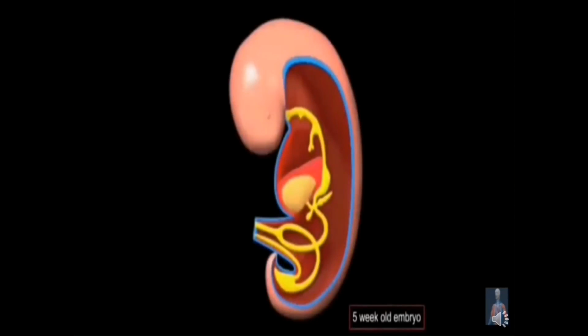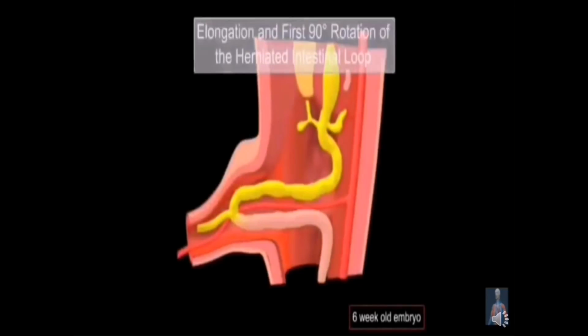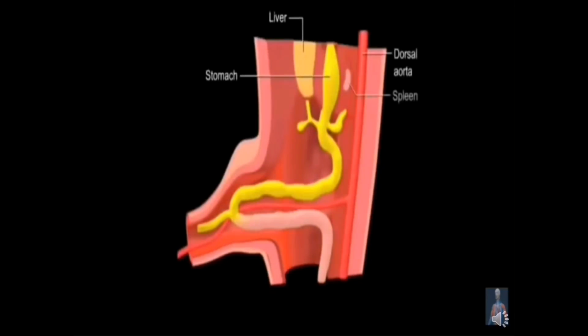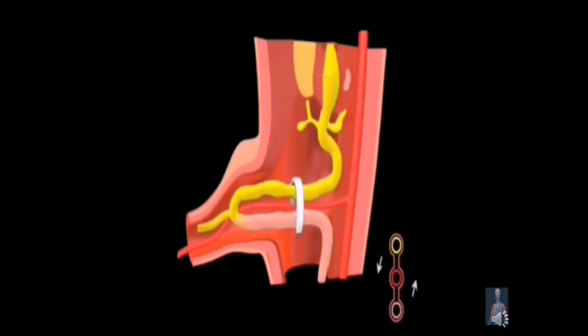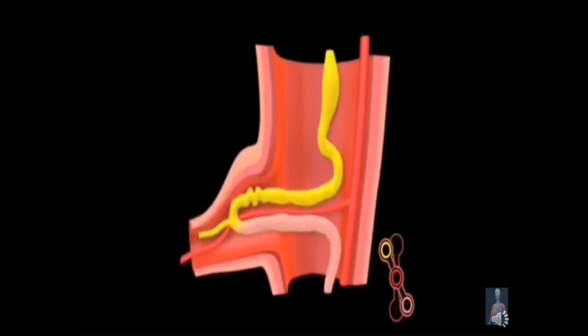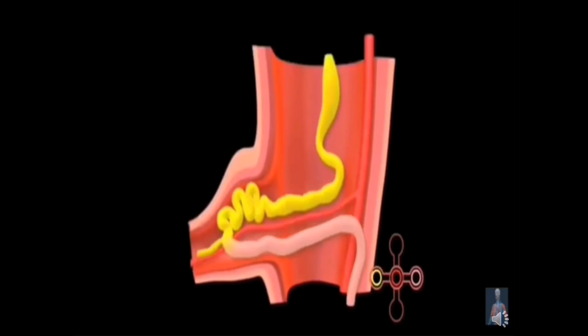Here you can see the elongation and first 90-degree rotation of the herniated intestinal loop at the 6th week of embryo. Now occurring is the initial return of the herniated intestines and second 90-degree rotation at the 10th week of embryo.